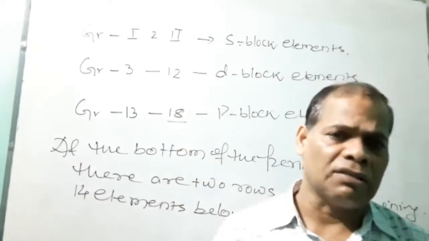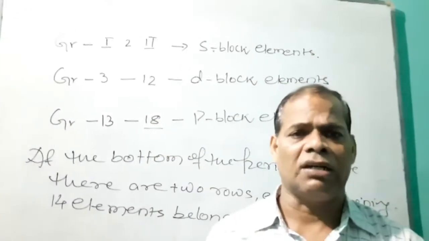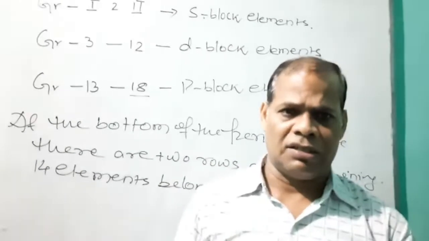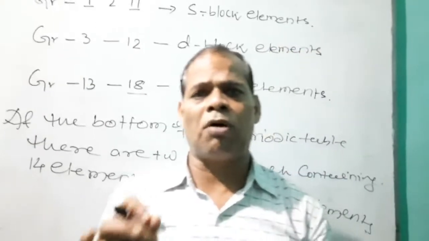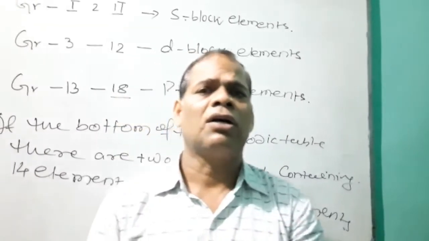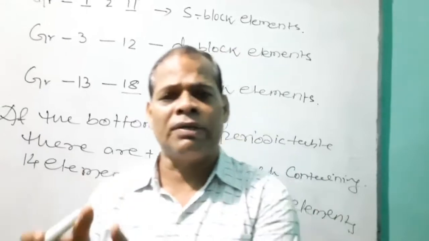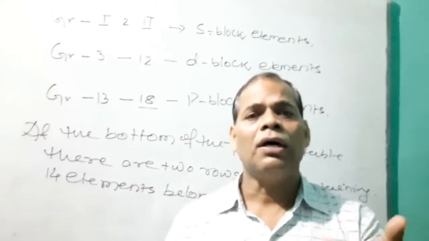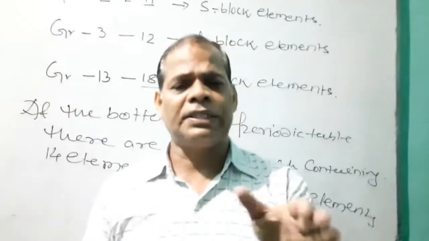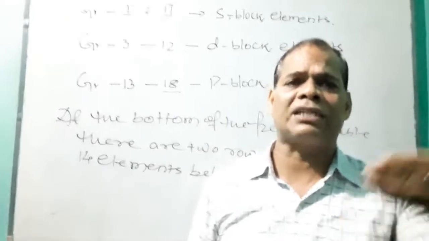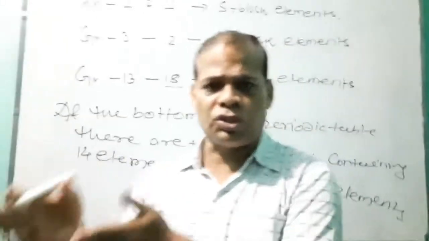Group 17: fluorine, chlorine, bromine, iodine, astatine belong to group 17, called halogen. Many times we have discussed why it is called halogen, because these elements when they react with metal form salt.